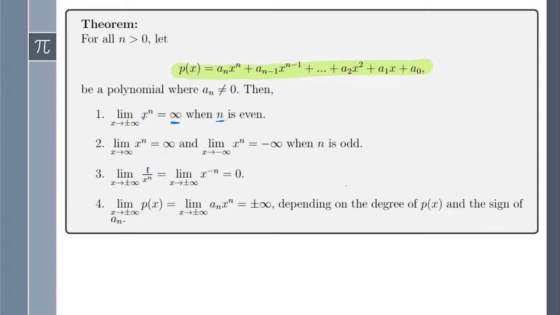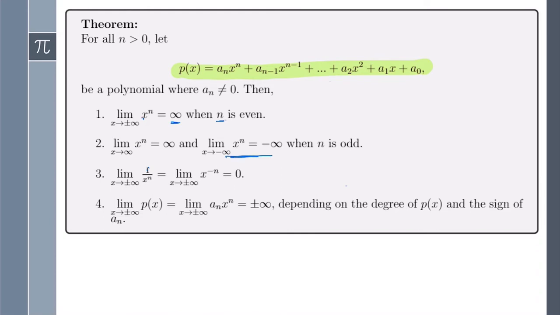Similarly, if n is odd, then if x approaches positive infinity, the limit is positive infinity. If x approaches negative infinity, the limit is negative infinity, because when we raise a negative number to an odd power, we get a negative value. That's the reason we have negative infinity here.